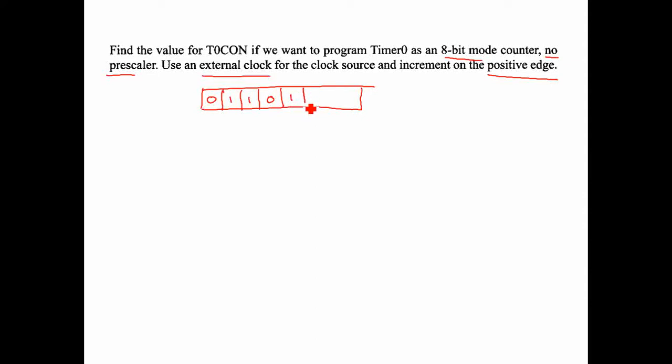We set this as 1, and the remaining bits are all 0. So timer 0 control is equal to 0x68. So 0x68 is the value that needs to be sent to the timer control register if this particular problem statement is asked. Depending on variation in the statement, this value is going to change.